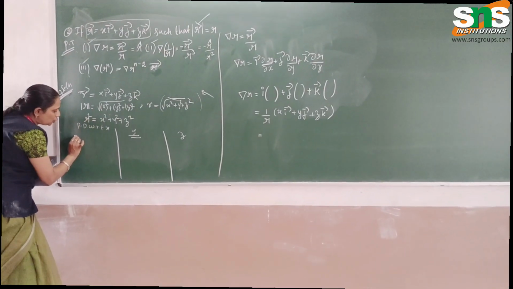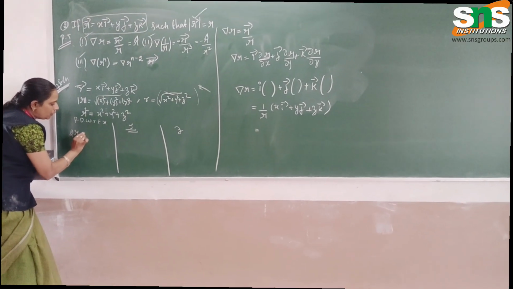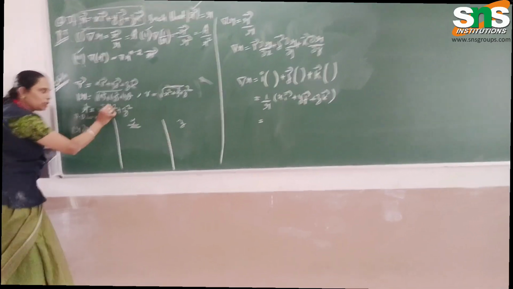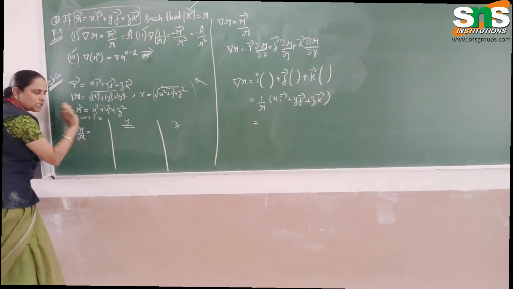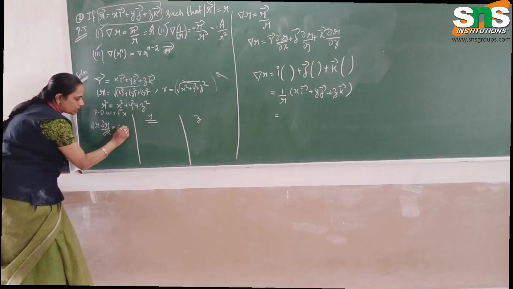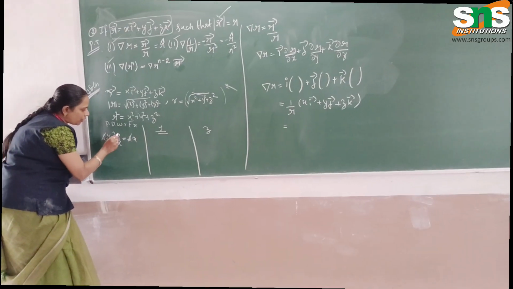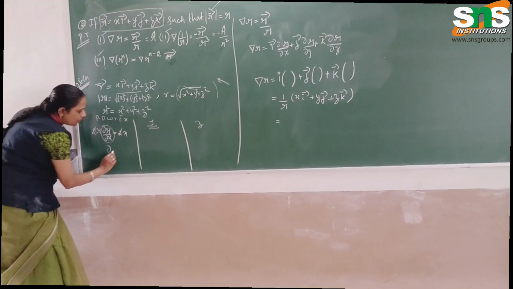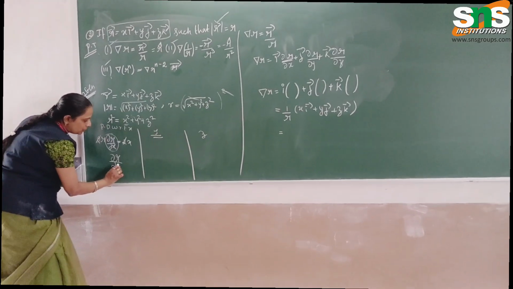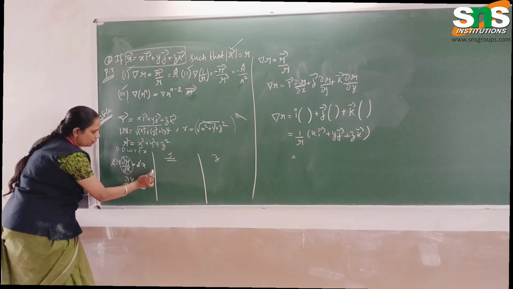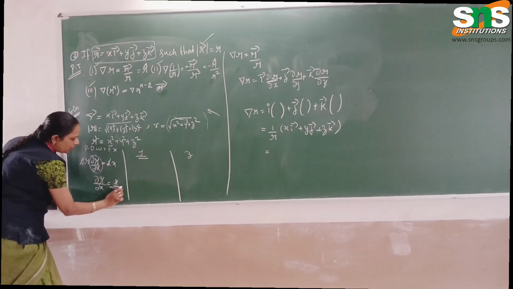What is that? 2r dou r by dou x. Here no need to consider y, z, only concentrate on x. So that is 2x. After simplification this 2 and this 2 get cancelled. I want to find dou r by dou x, so dou r by dou x value is x by r.